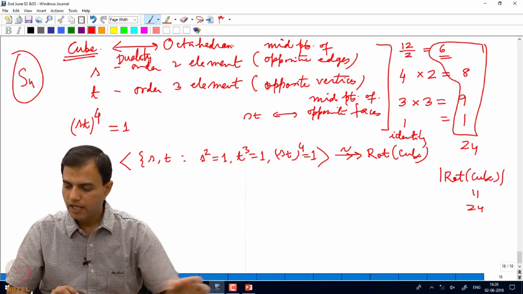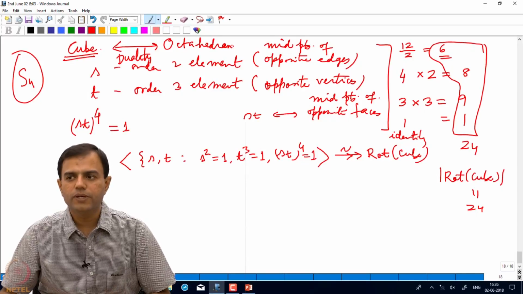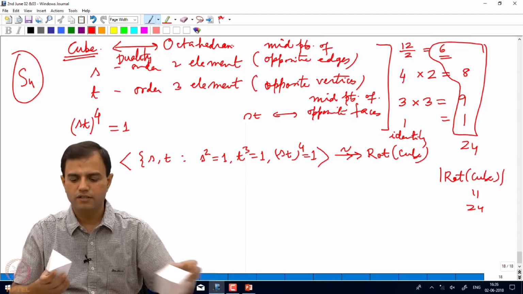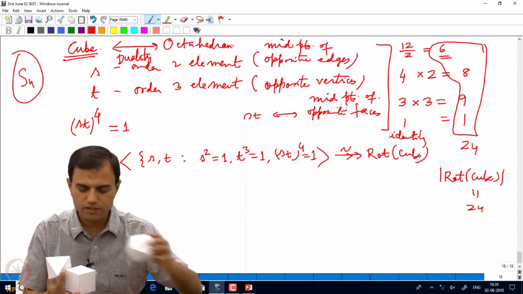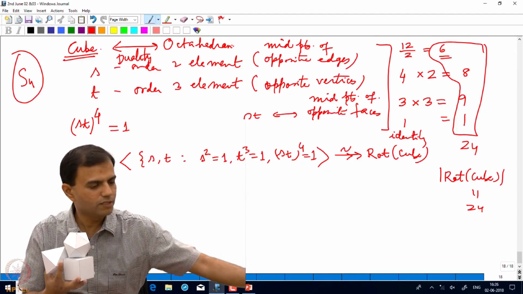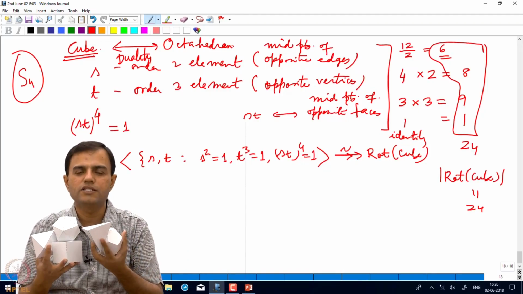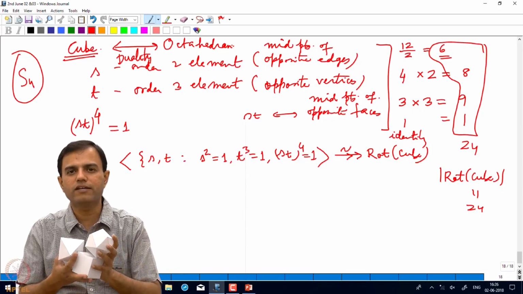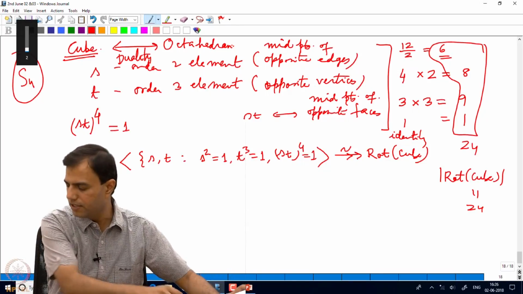So what we did in this lecture today, we just saw all possibilities of groups of rotational symmetries of all these Platonic solids, and as you recall, I had already proved that there are only 5 Platonic solids, and these are right in front.